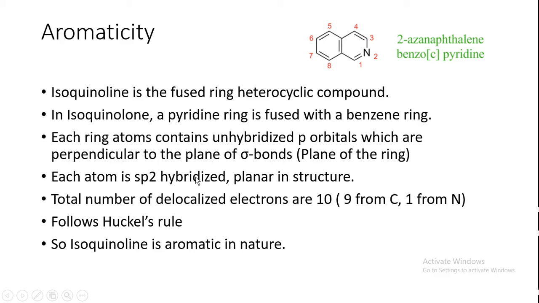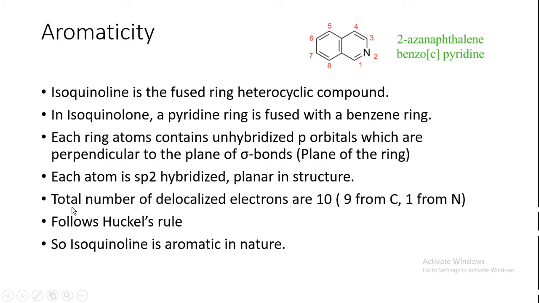Each atom, all the carbons and the nitrogen, is sp2 hybridized, and thus it is planar in structure. We know the structure of sp2 hybridized orbitals is planar.